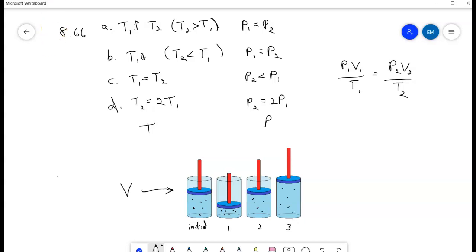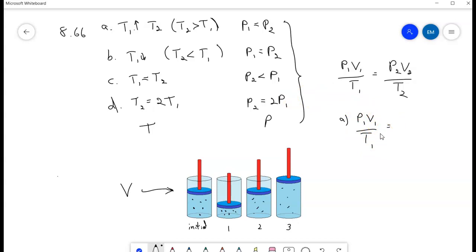So what we do is we plug in these relationships that we figured out here and see what happens. Let's do A first. P1 V1 over T1 is going to stay the same all the way through.